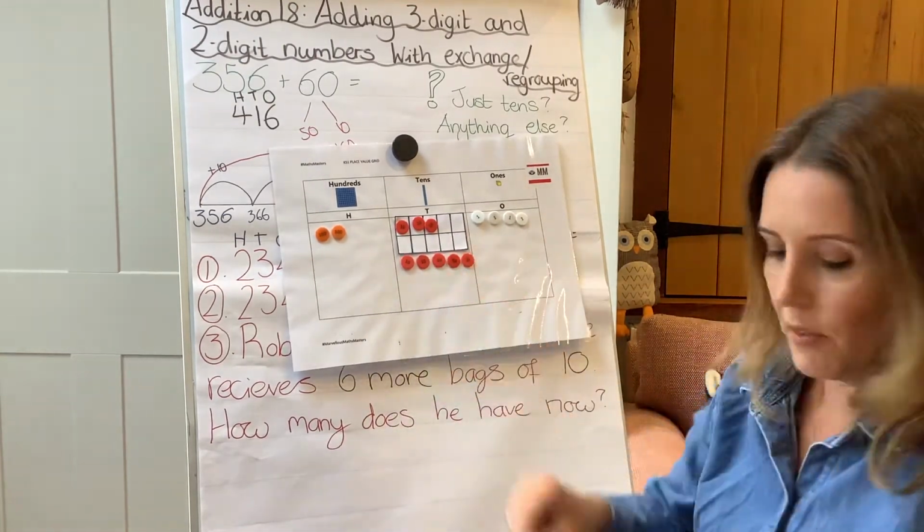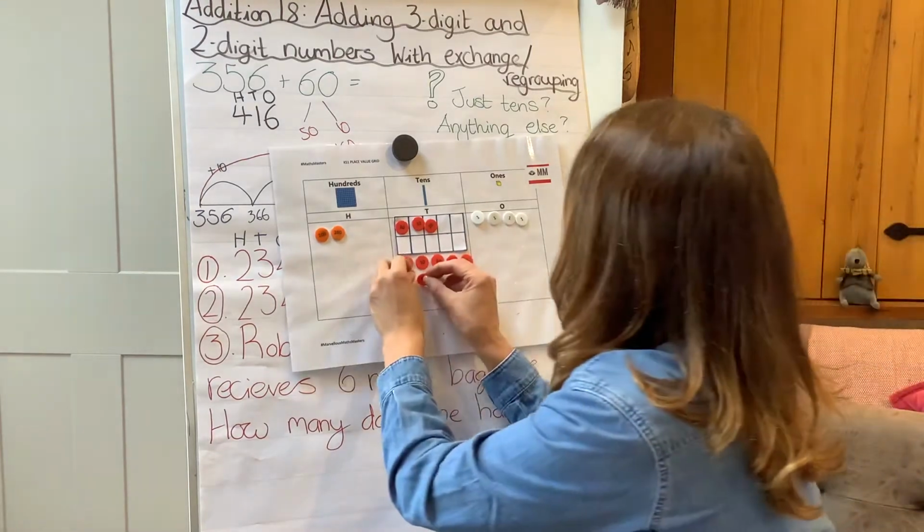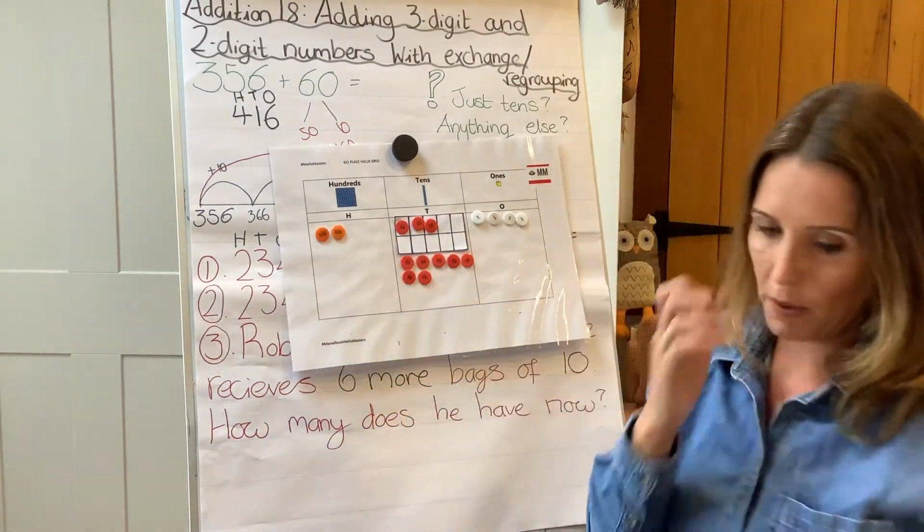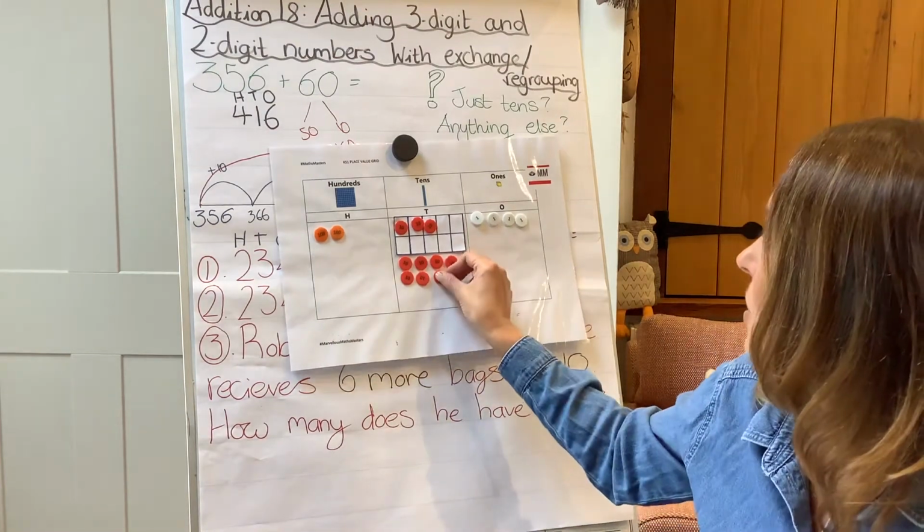So 10, 20, 30, 40, 50, 60, 70, 80, and I'm lining these up in little rows of 5 because that helps me see how many I've got as well.